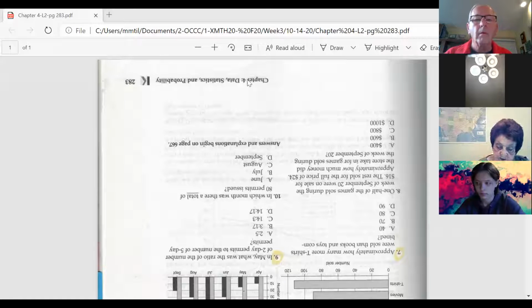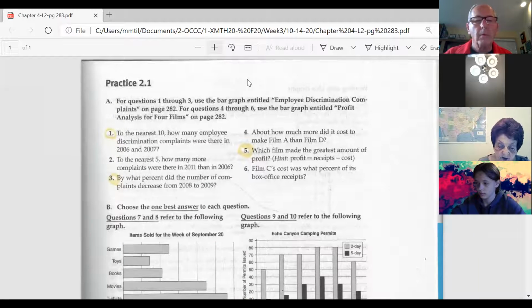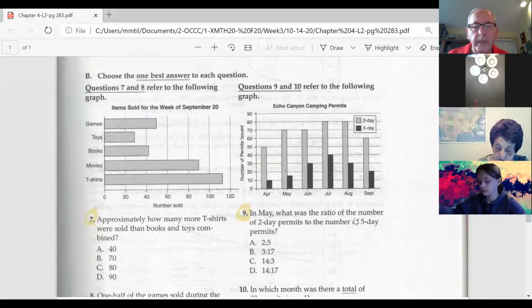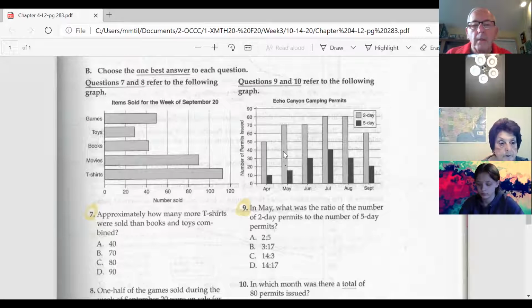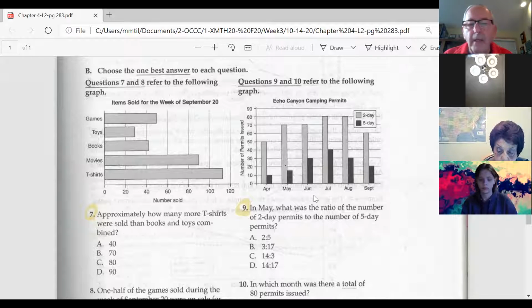283. Boom, right here. Yeah, I got the 70/15, and then you're supposed to simplify it. I could understand where you get the 3, but I could not figure out where you got the 14. Okay, so this is number 9. In May, what was the ratio of the number of 2-day permits to the number of 5-day permits? So you find May over here, right?